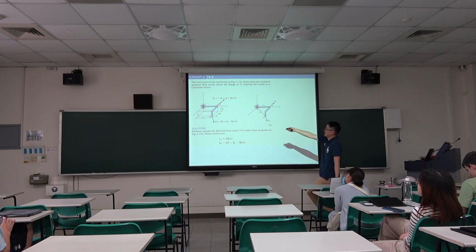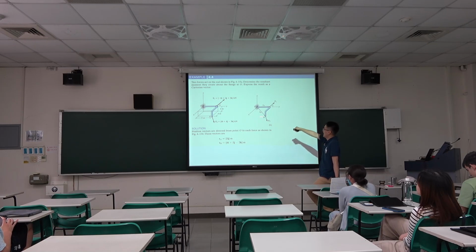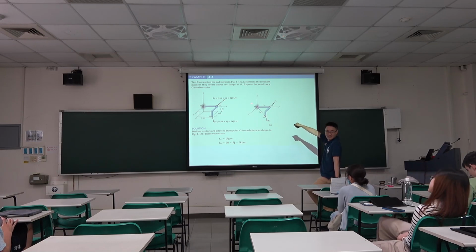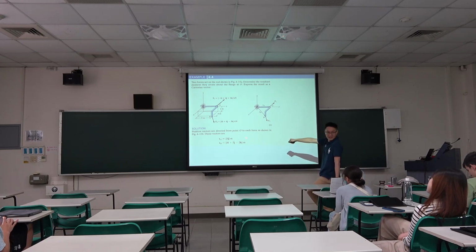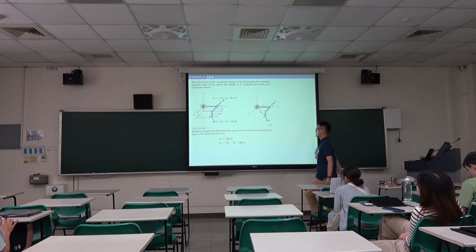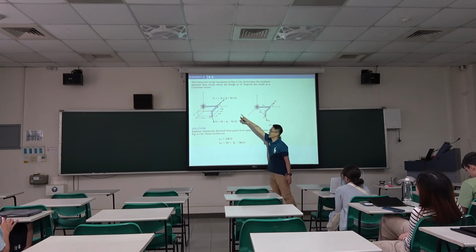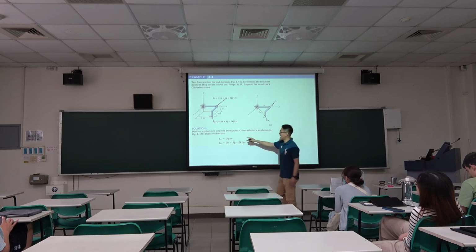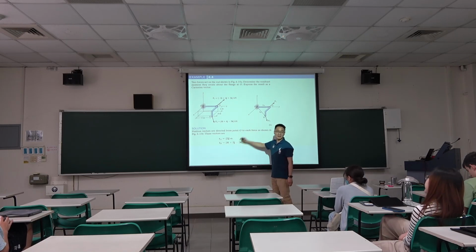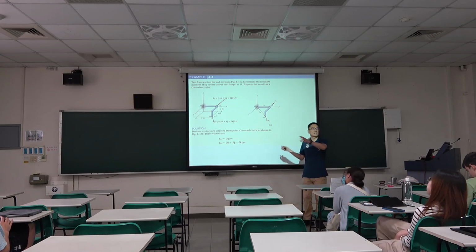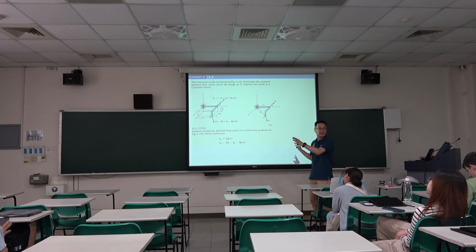For F1, in this direction, the easier position vector is from O to A. For F2, the easier way is from O to B directly. That's the way they found the position vectors. So we use position vector cross force vector: RA cross F1, RB cross F2.